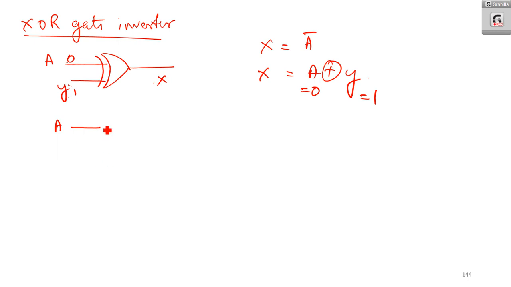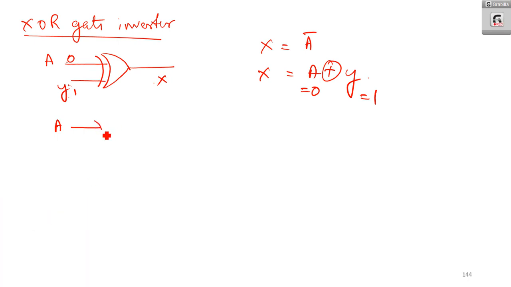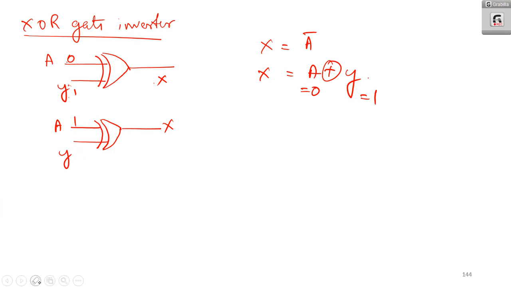The second case is that when A is 1 and Y is 0, here it is not inverting. Again, if A is 1 and Y is equal to 1, what happens?